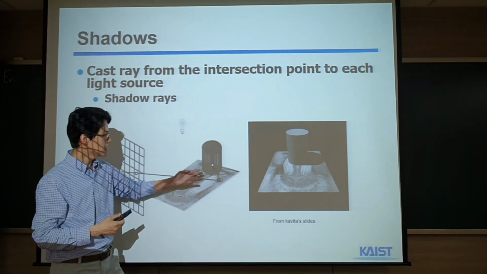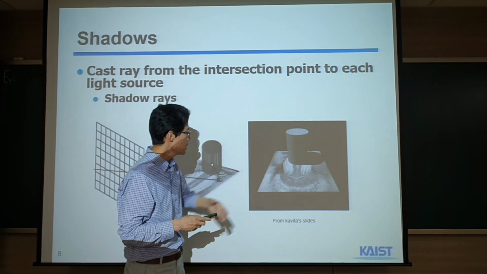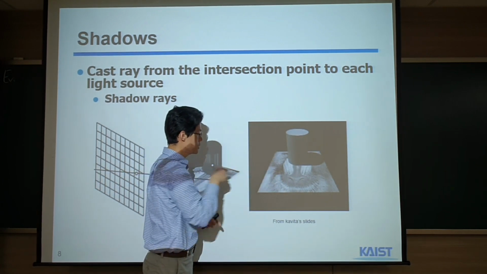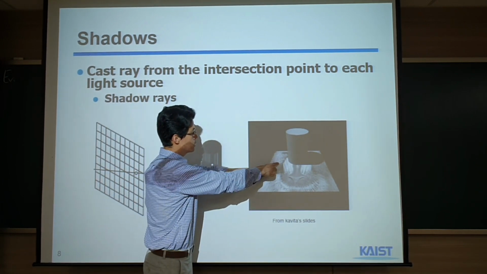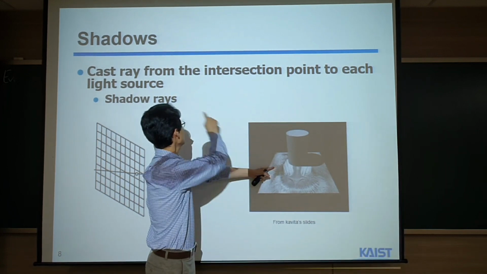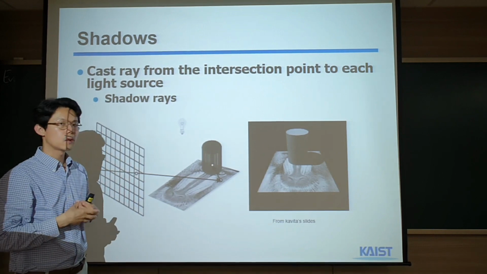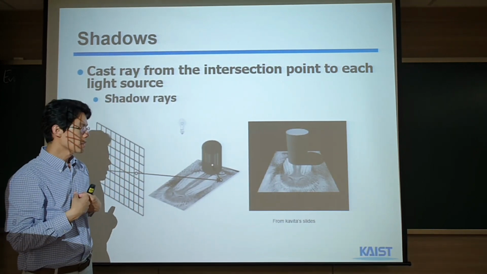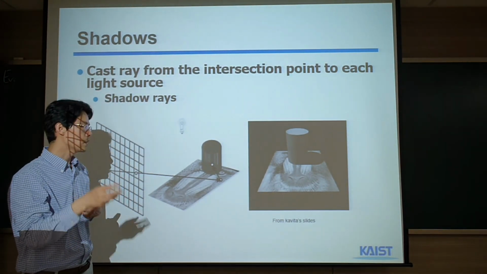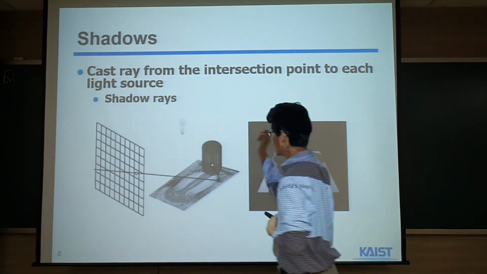But for another region, let's say this region, we generate a primary ray here, and we also generate a secondary shadow ray from here to the light source, and then we can reach the light source, right? It means that we can receive the energy, so we evaluate ambient and diffuse and send that color to that pixel.